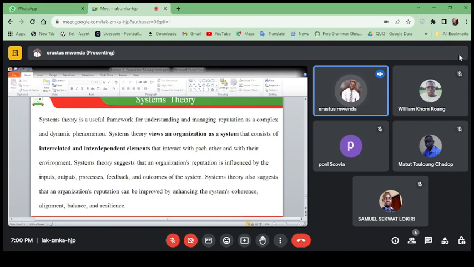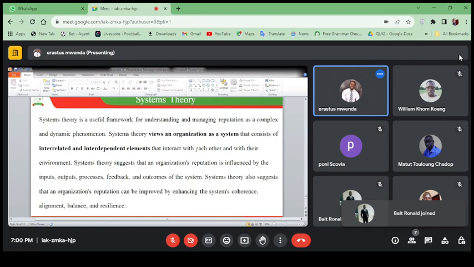When we talk about inputs, they are the things that we are putting into the organization in order to be able to build the reputation. For example, what kind of employees are we bringing on board? That is an input.